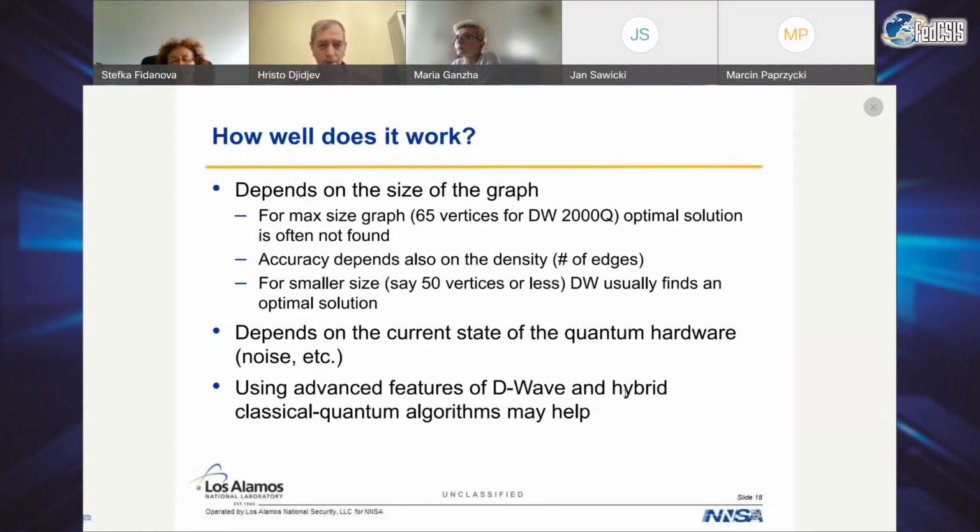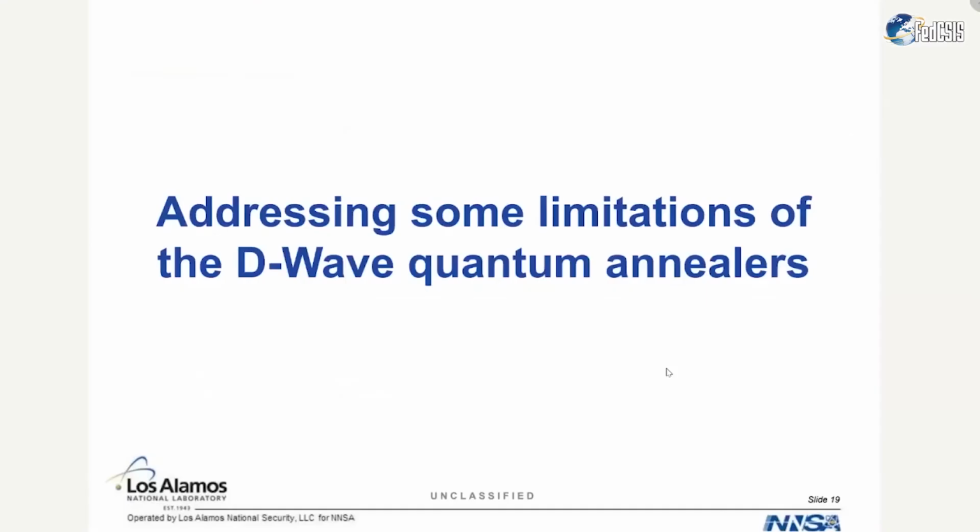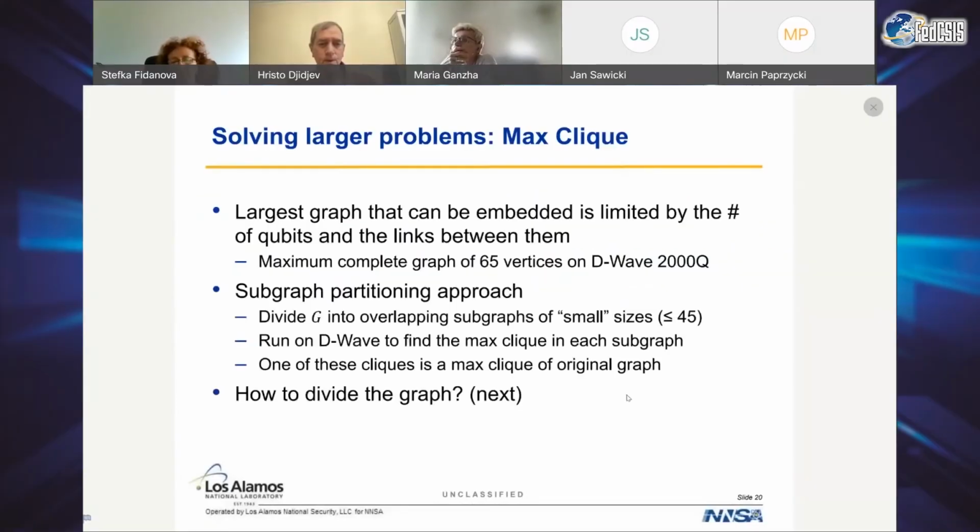So let's go to the next slide. How can we do better than just using the standard easy features of D-Wave in order to get better quality solutions? So we'll look at several examples. So next slide, please.